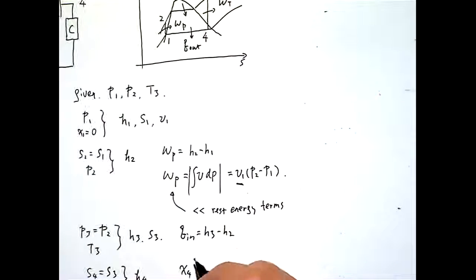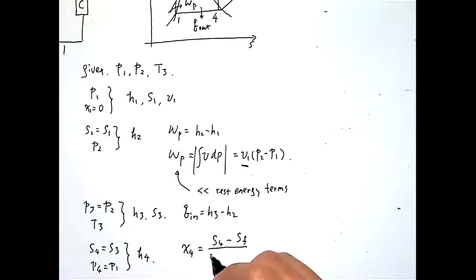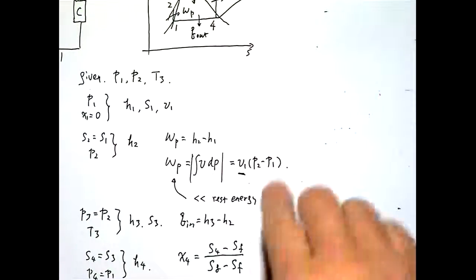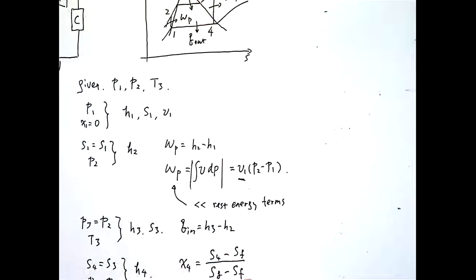So x4 equals S4 minus S fluid, over Sg minus S fluid. So you know this horizontal line. You know the saturation liquid versus saturation vapor in terms of their entropy.